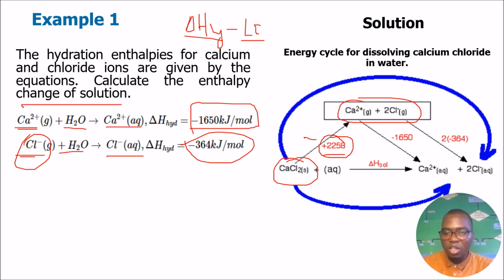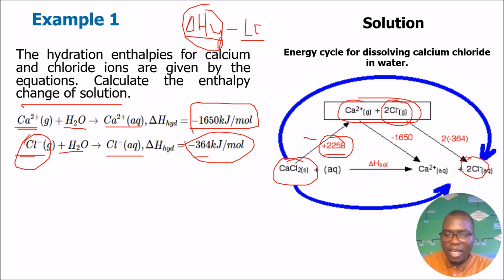Please take note, the cycle should be made up of the balanced chemical equations. So checking from the balanced chemical equations, you can see that where there is Cl, there's a 2 in front. So we have to multiply this value by 2, then the answer we add to this one, and that will be the hydration. And then we plug into the formula.